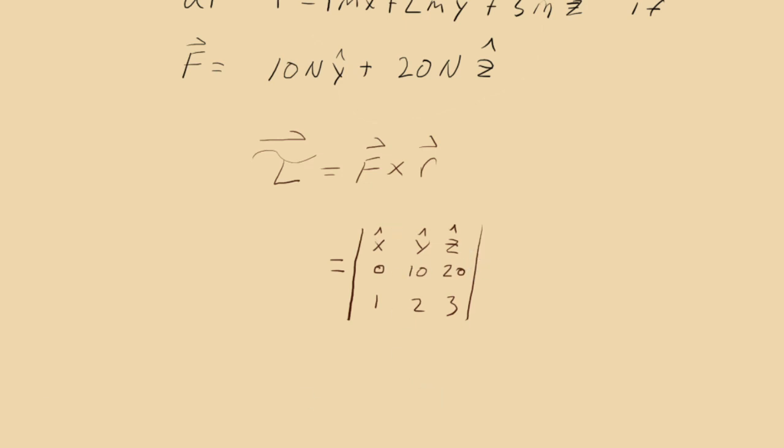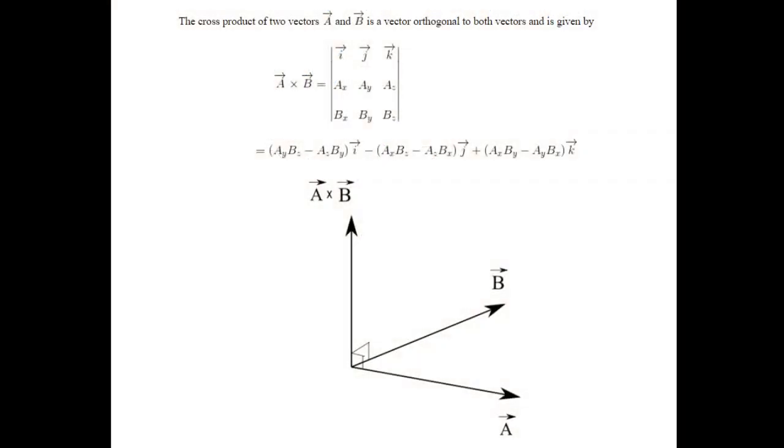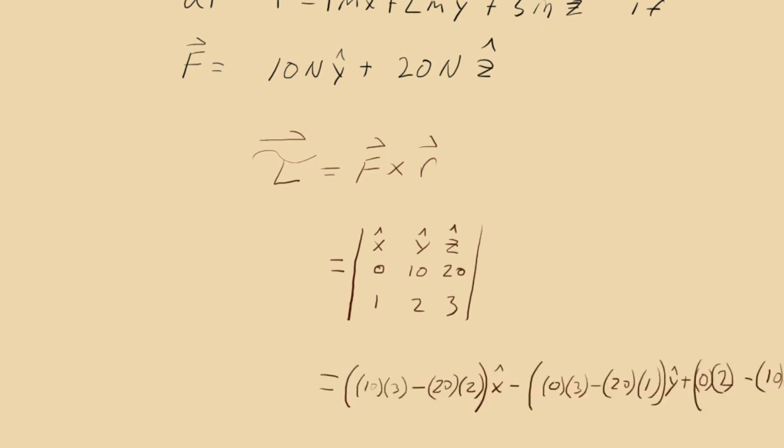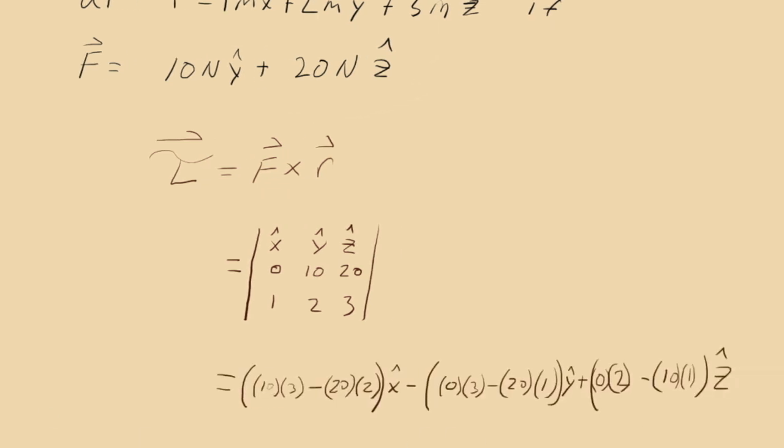And we will take the cross product. If you don't remember how to take the cross product, you could pause the video here and use this to help you. Which should give us something like this.